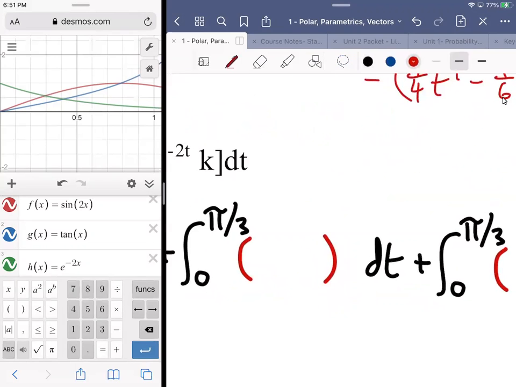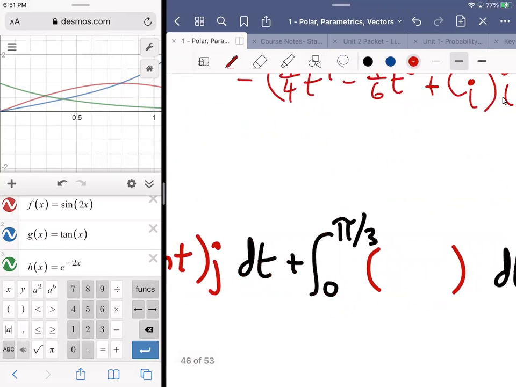So we'd have tangent, and that's the J, and e to the negative 2t for k.